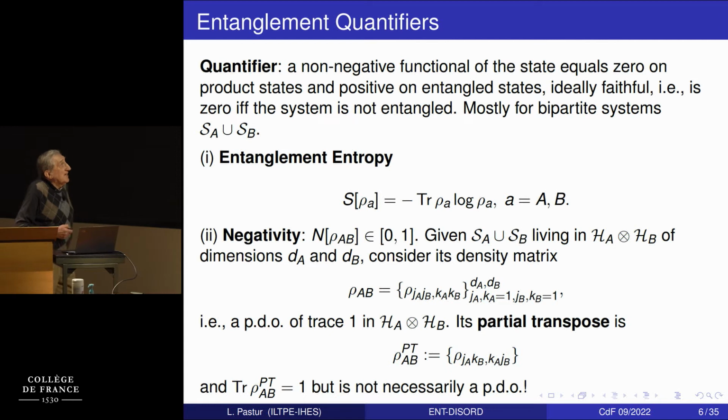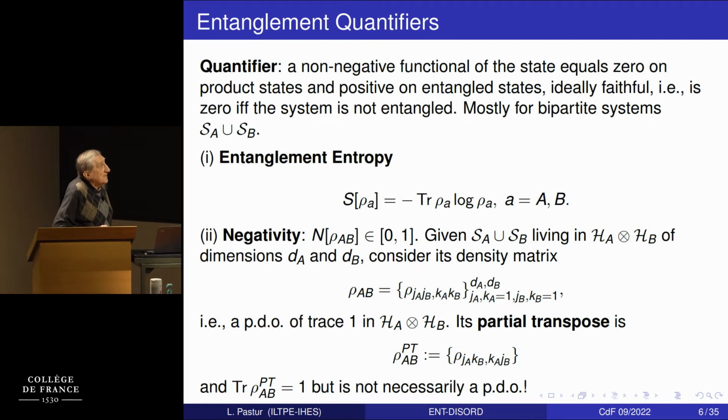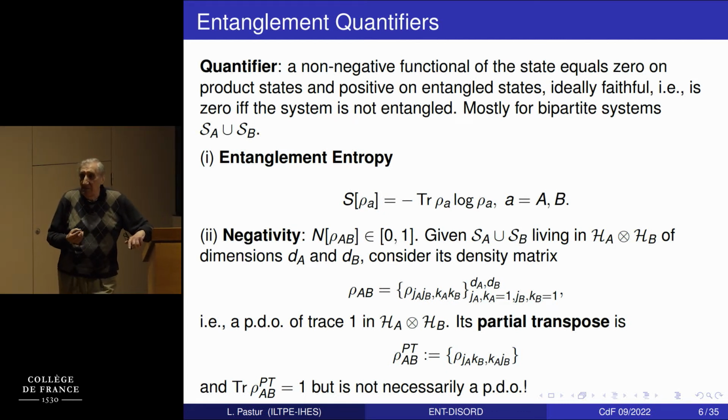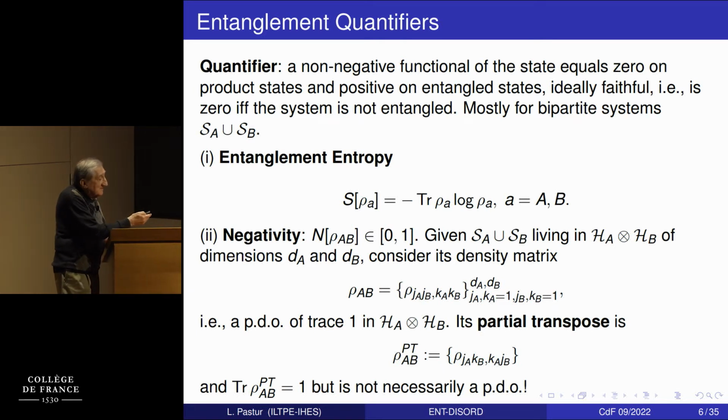And of course, it's easy to check that this matrix is also of trace 1, but not necessarily positive definite. And if it is not positive definite, it couldn't be the density matrix of any quantum system. And this is a very nice but simple observation.